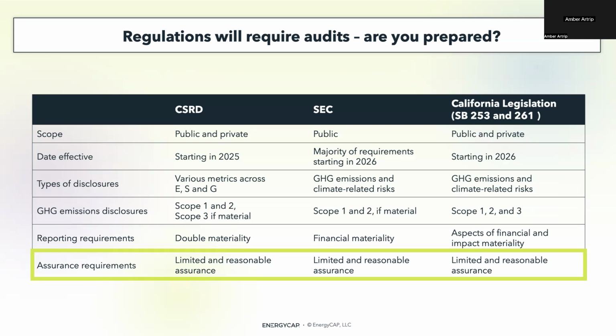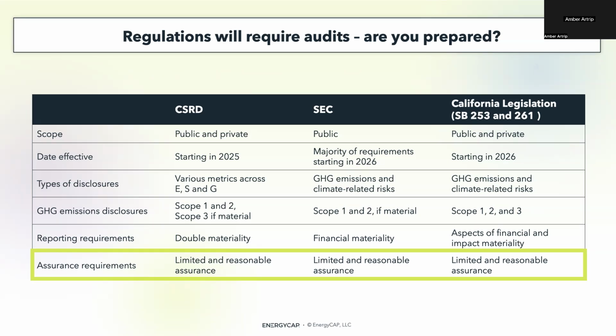CSRD is a reporting mandate in Europe requiring public and private companies, starting in 2025, to report on scope 1, 2, and 3 emissions. The SEC is US based, so it's public companies in the United States of America, when the law passes.